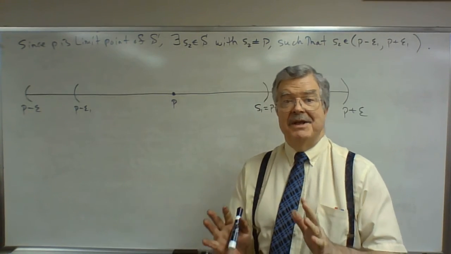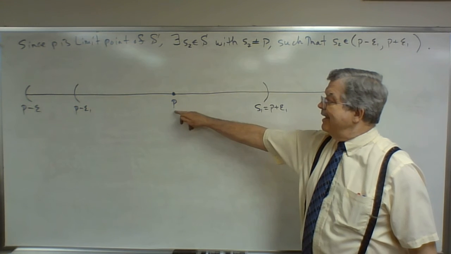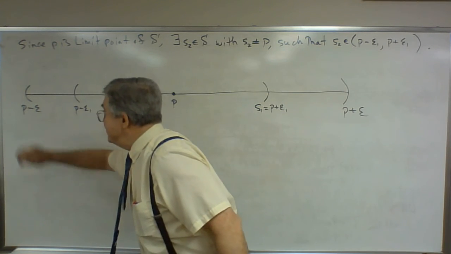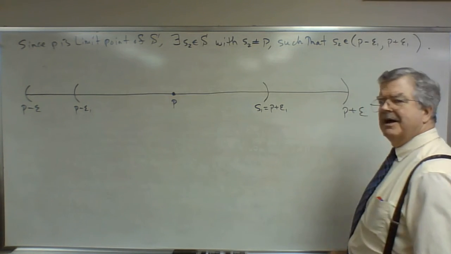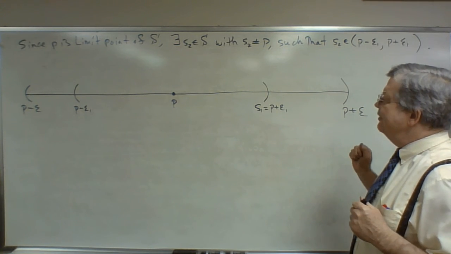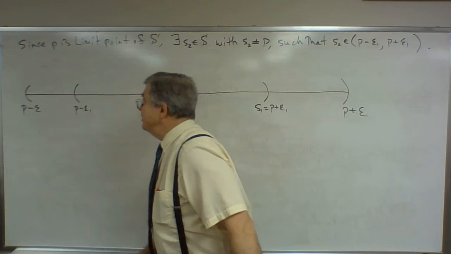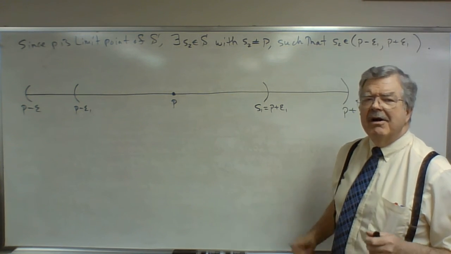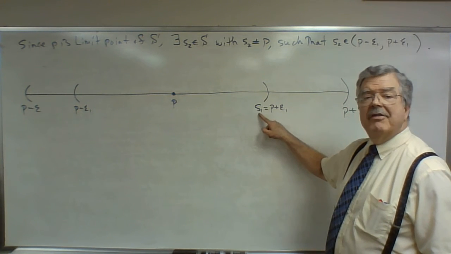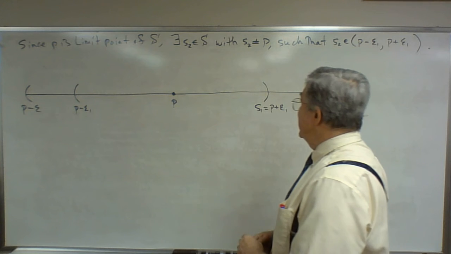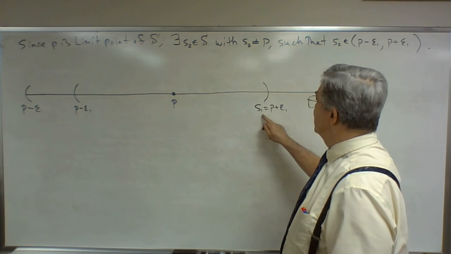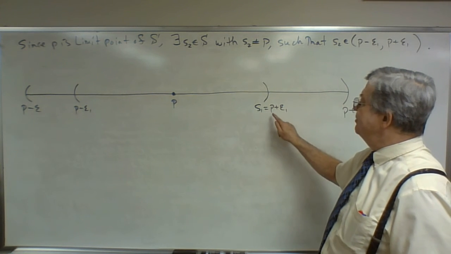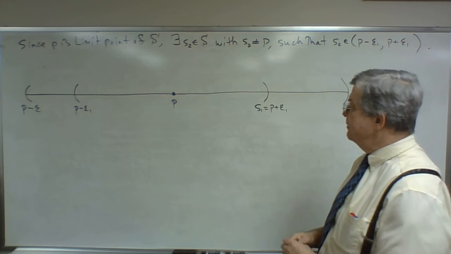I'm going to zoom in on what we have so far. Here's our limit point P, and here's the interval P minus epsilon to P plus epsilon. And this interval has to contain a point of S other than P itself. So we'll call that point S sub 1. And the distance from P to S sub 1 is epsilon. No, the distance from P to S sub 1 is epsilon sub 1.